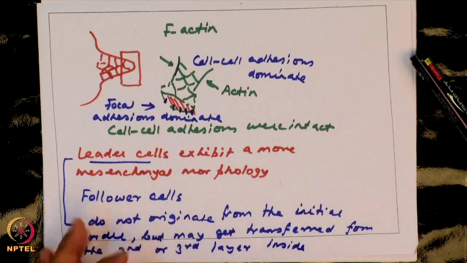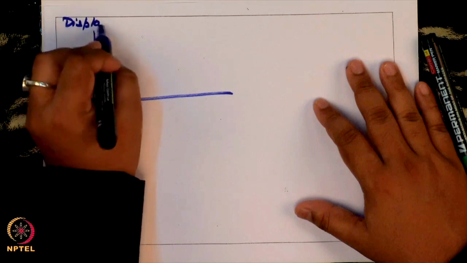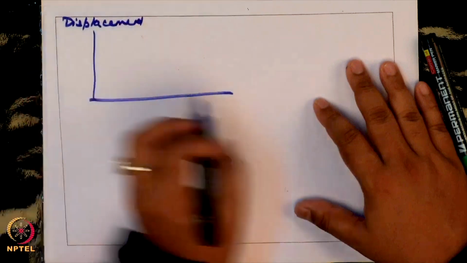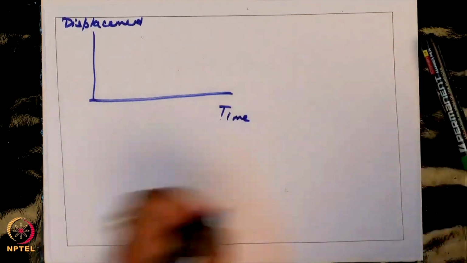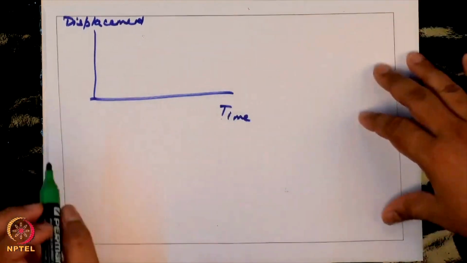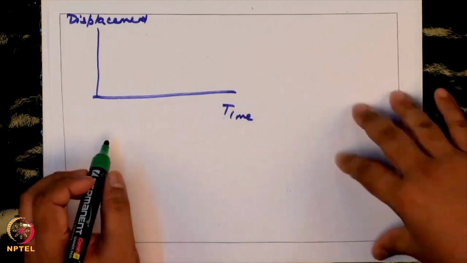Another thing was there was a notable difference in behavior. If you plot the displacement as a function of time, you could see different behavior for the leader cells as opposed to the general cells which served as the followers.